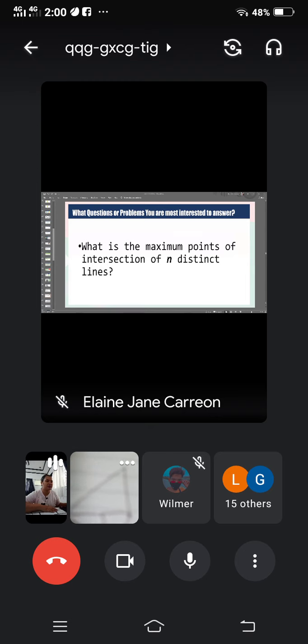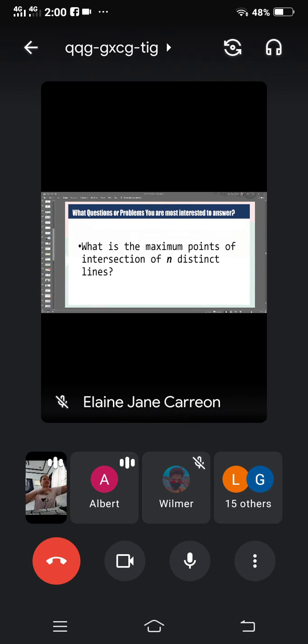Okay, so si Jeremy, ginawa niyang parallel yung 4, and then yung dalawa is naka-intersect. Okay, very good. Yes, Albert, sandali. Albert? Hindi siya tuloy-tuloy. Basta lang siya.